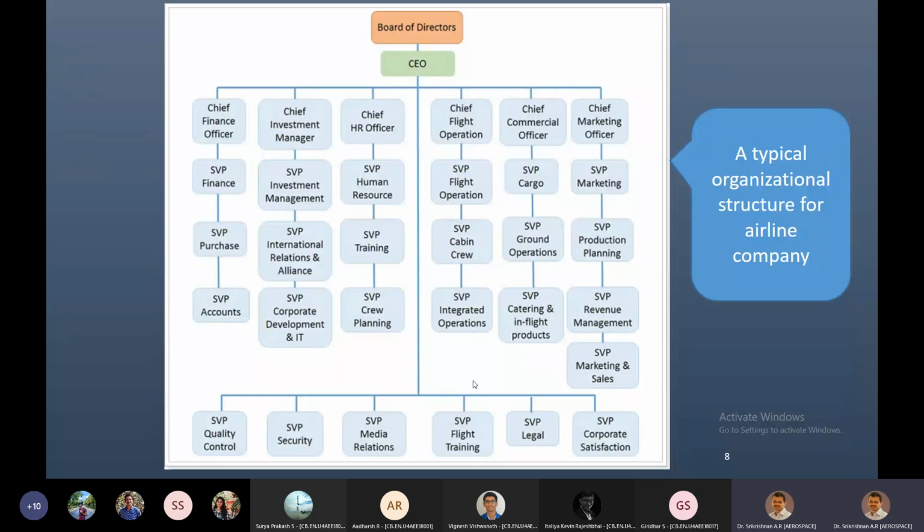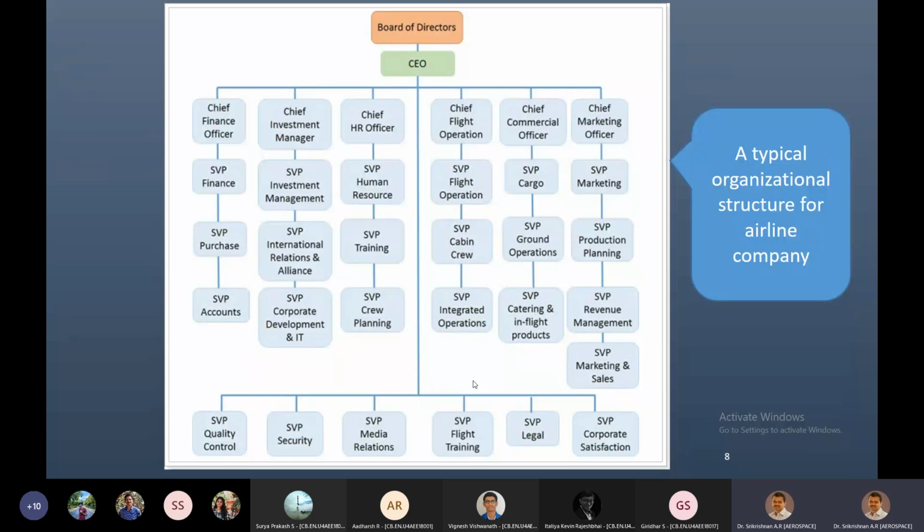That is putting systems for performance evaluations and monitoring promotions, ensuring parity across levels, positions, and departments in terms of salaries and promotions.